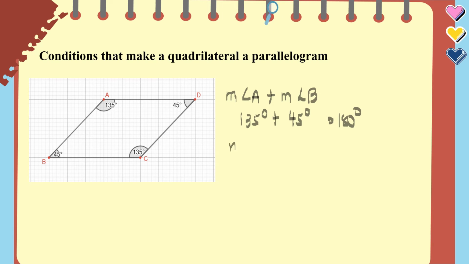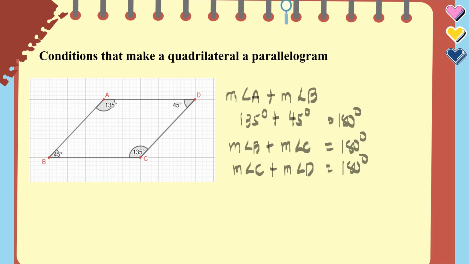If we add also the measure of angle B and the measure of angle C, again the answer is 180 degrees. The measure of angle C plus the measure of angle D is also 180 degrees, and the measure of angle D plus the measure of angle A is also 180 degrees.